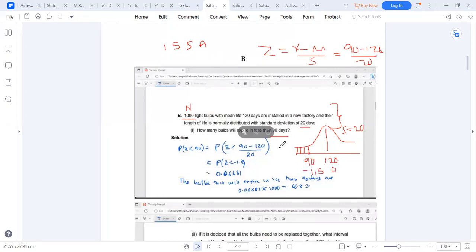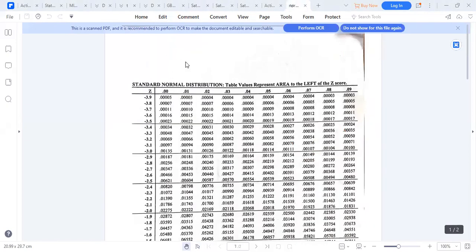All the readings from the Z tables start from this area. So you're going to check your table under negative 1.5. After finding our Z, which is negative 1.5, we go into the Z table and check under negative 1.5 to see the reading.